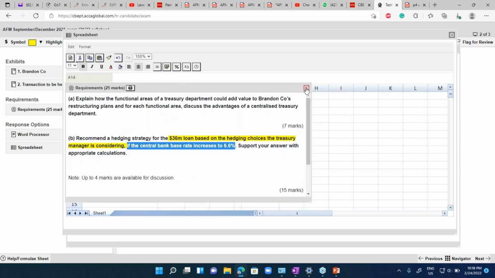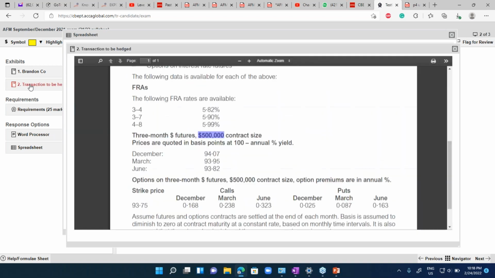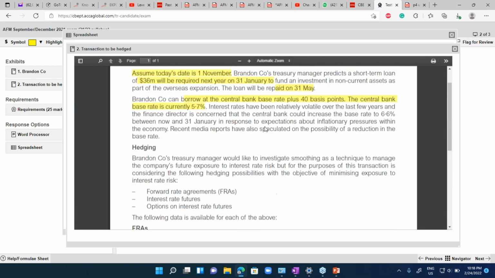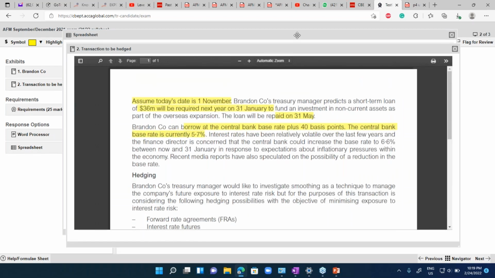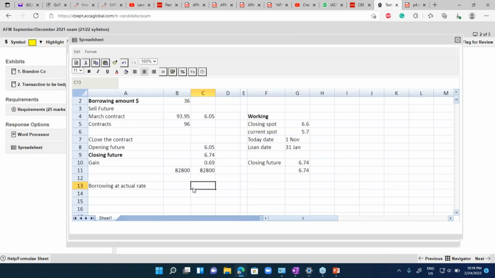If you are borrowing in the market, it is given at what rate you will borrow: base rate plus 40 basis points. So what is the base rate, guys? Base rate is 6.6%. 6.6% plus 0.4, so borrowing at the actual rate is 7.